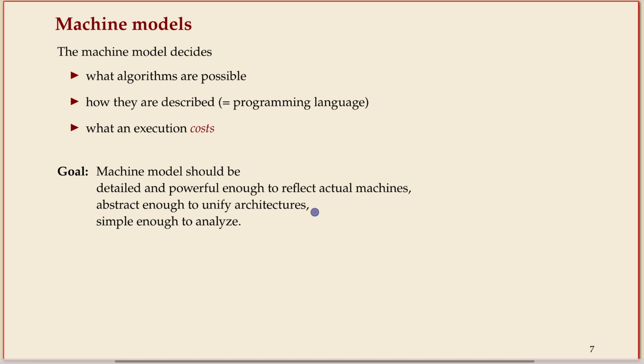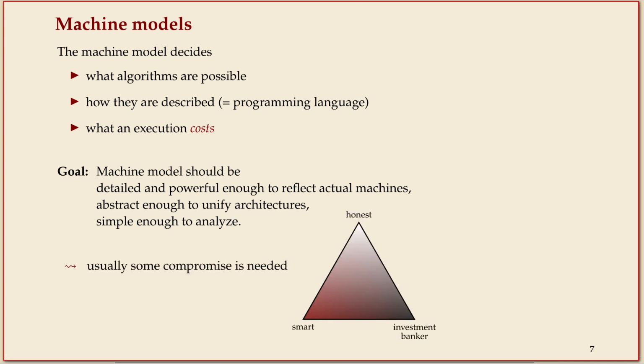It should also be abstract enough to not change every year. Otherwise, gone are our eternal truths. But then also, we would like it to be simple enough to analyze mathematically. So this first point and the last point are in clear opposition.